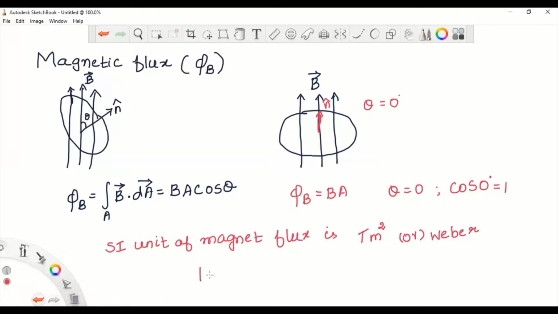So we can write 1 Weber is equal to 1 Tesla meter square.